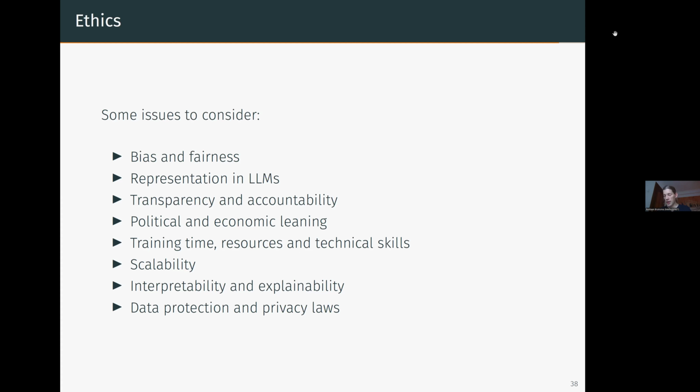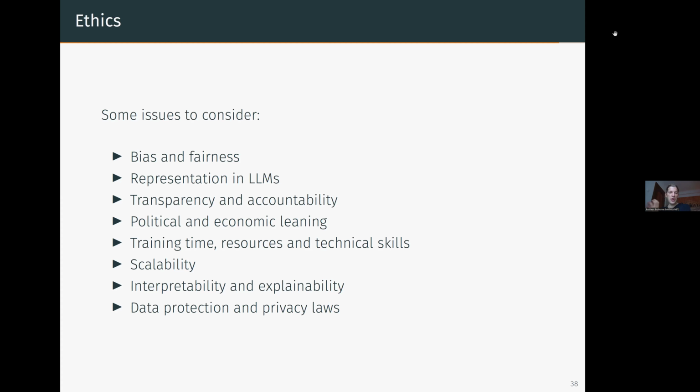Most of these embedding models are trained on big internet data sets, and they tend to represent certain groups very well. If you are a white, rich man from a well-developed country, you'll be well represented. If you're a woman in her 80s that lives in South Africa, you're probably not well represented. So there is bias in there.